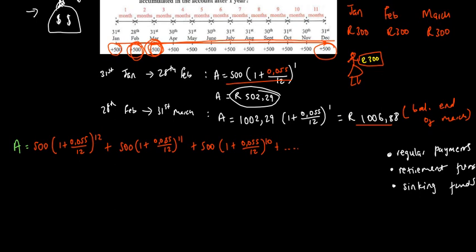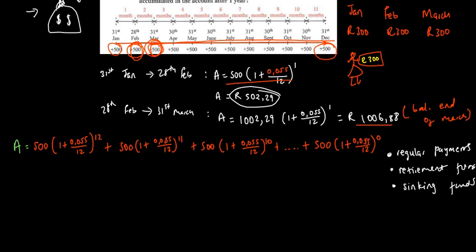Is that one going to grow? That one is not going to grow, good people, for any month. So it will just be 500, but we can write it to say that one is going to grow for 0 months because you're depositing it on the last day. So you're just going to say to the power of 0.